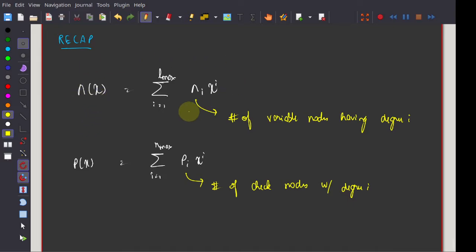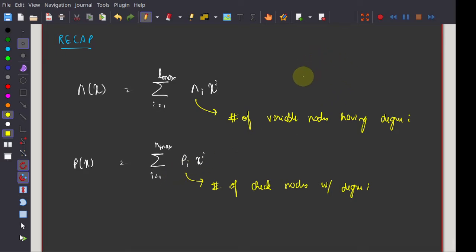One was this lambda of x, which is the degree distribution from the node perspective or the vertex perspective, which is basically this polynomial where the coefficient of x power i is the number of variable nodes having degree i. And similarly in P of x, the coefficient of x power i is the number of check nodes which have exactly degree i.